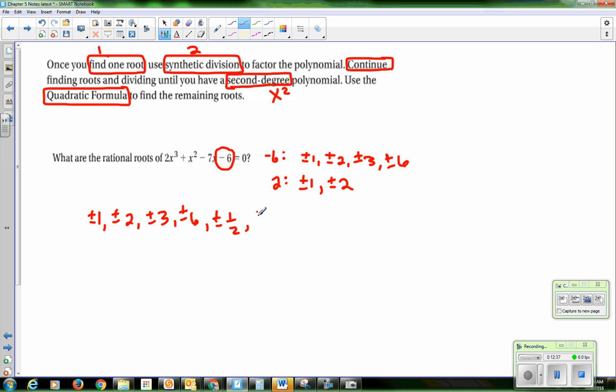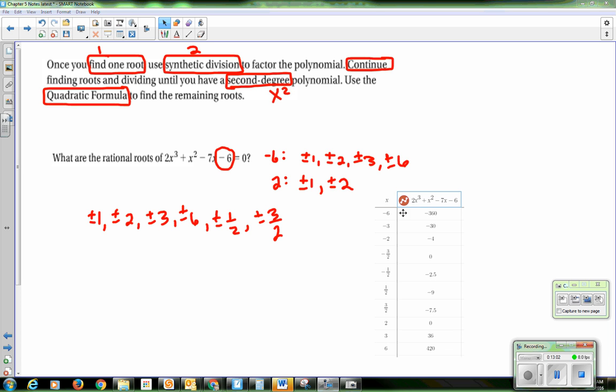3 over 2. This is going to show up as 1.5 if we do it in our graphing utility. And then plus or minus 6 over 2. 6 over 2 is 3. And so I already have that one here. So we're going to go ahead and list these. We're going to make a little table like we did in Desmos.